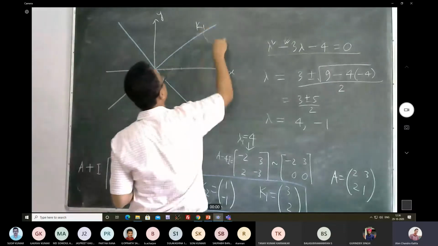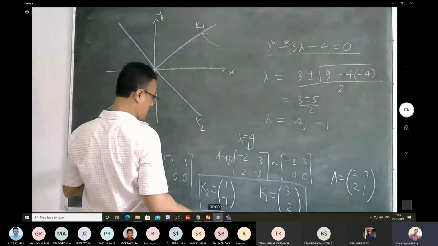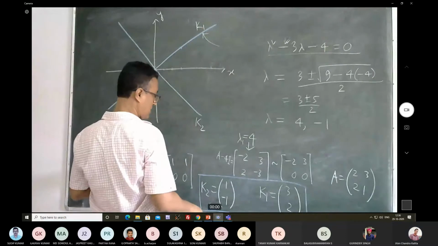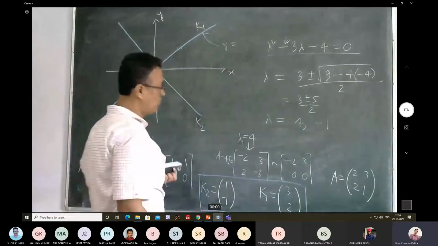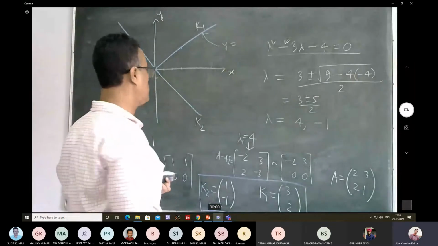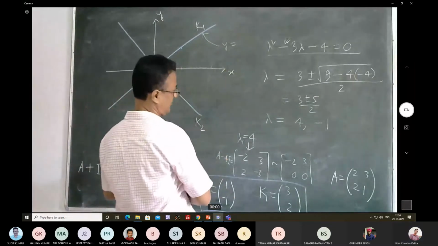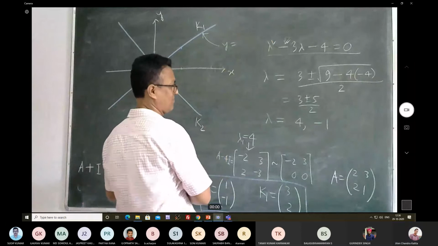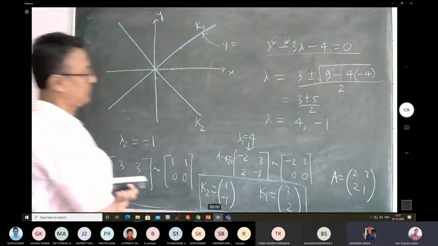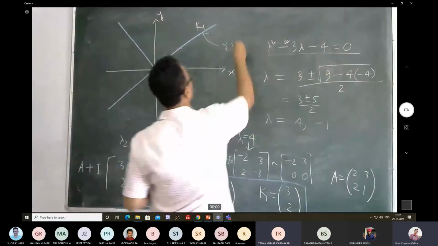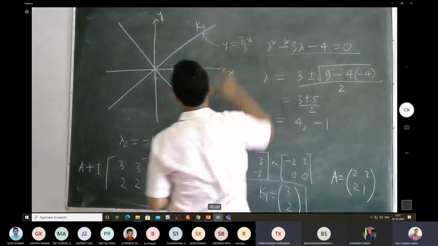Now you can see that this line is simply y equal to 2 by 3x, that is y by x is 2 by 3.